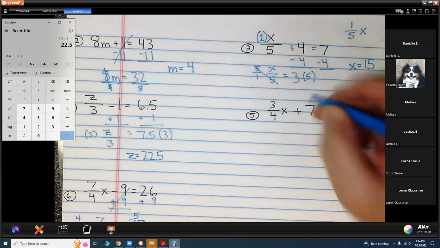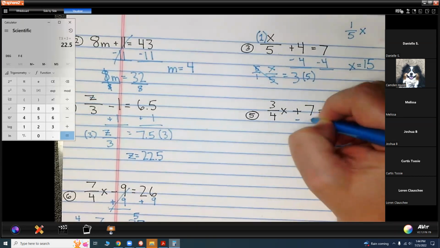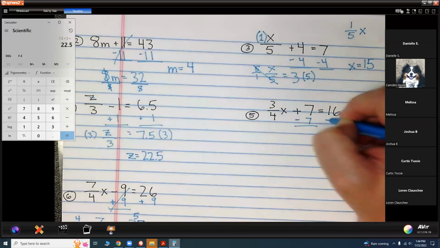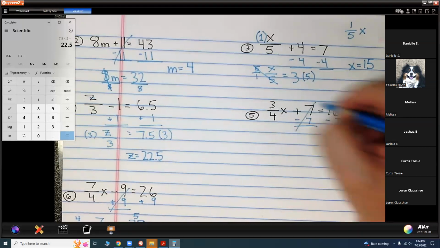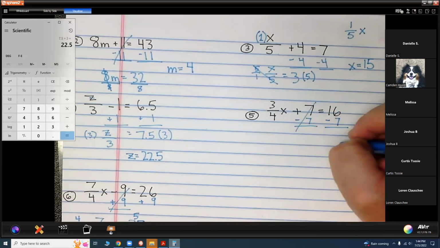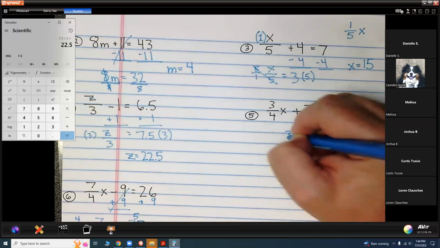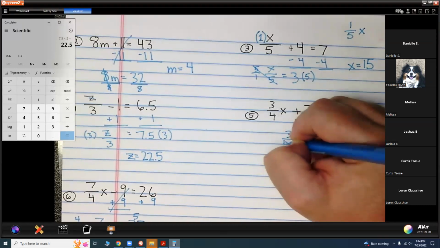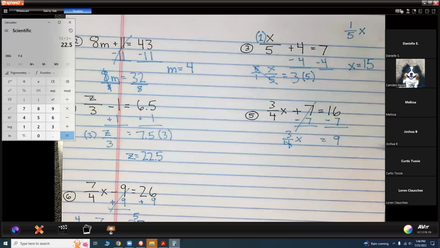All right, and then finally, number 5. We're going to subtract 7 from both sides as our first step. 16 minus 7 is 9. So 3/4 x equals 9.